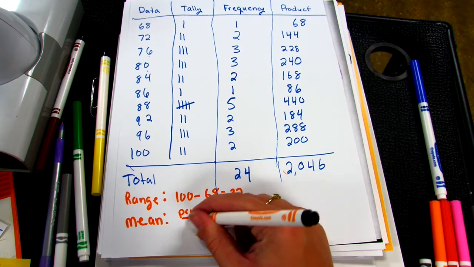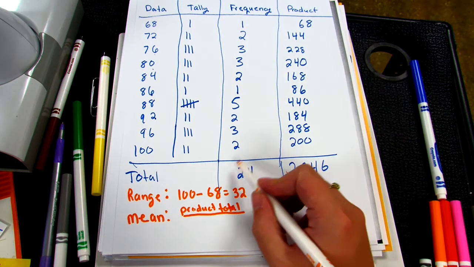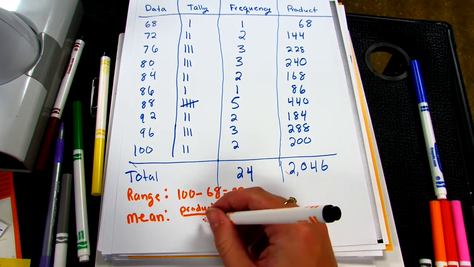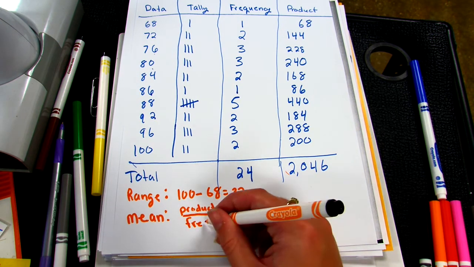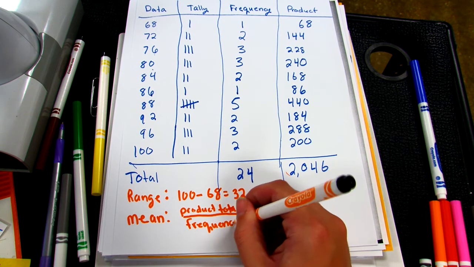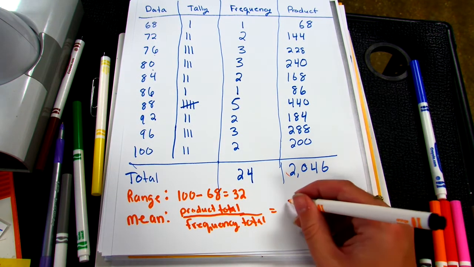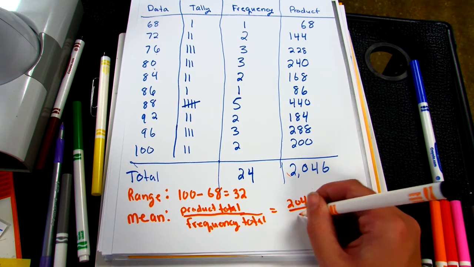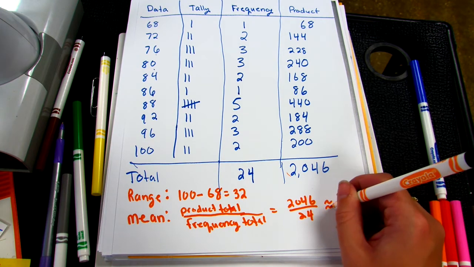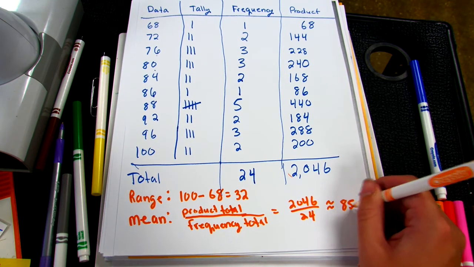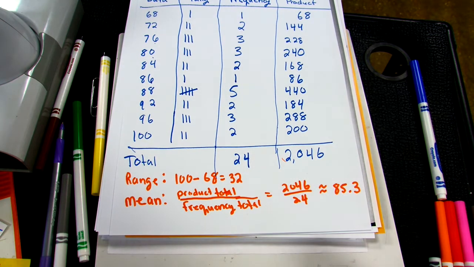And we know that the number of entries is the total in our frequency column, so the frequency total. So that gives us 2,046 divided by 24, and we get approximately 85.3. All right?